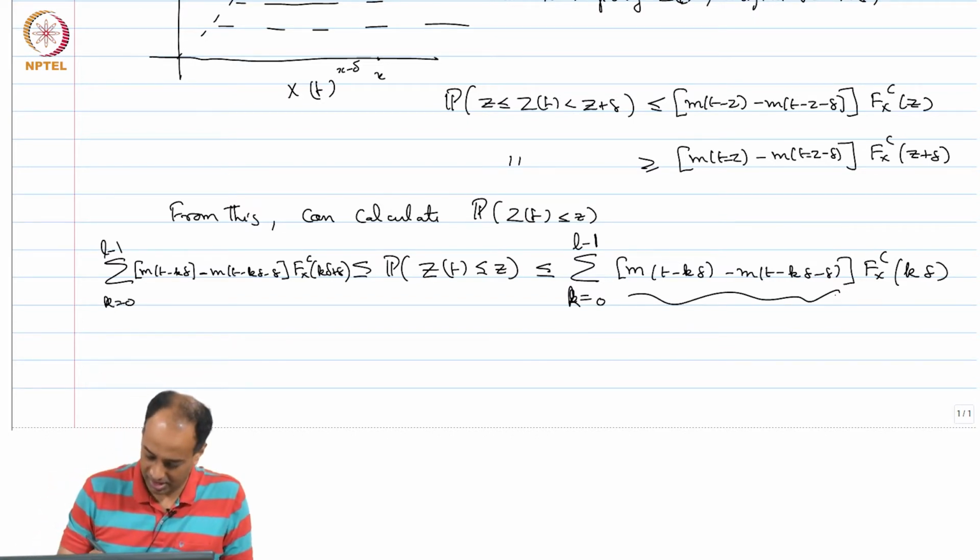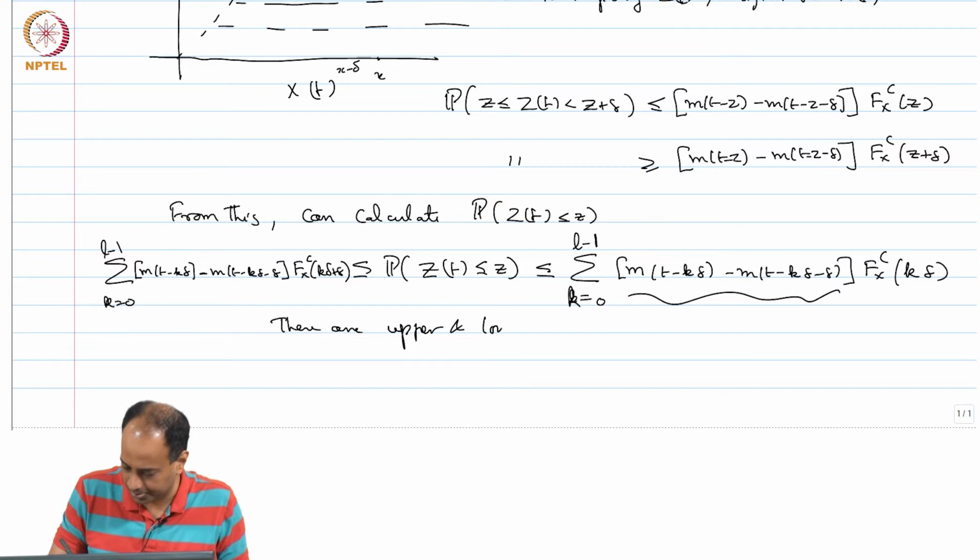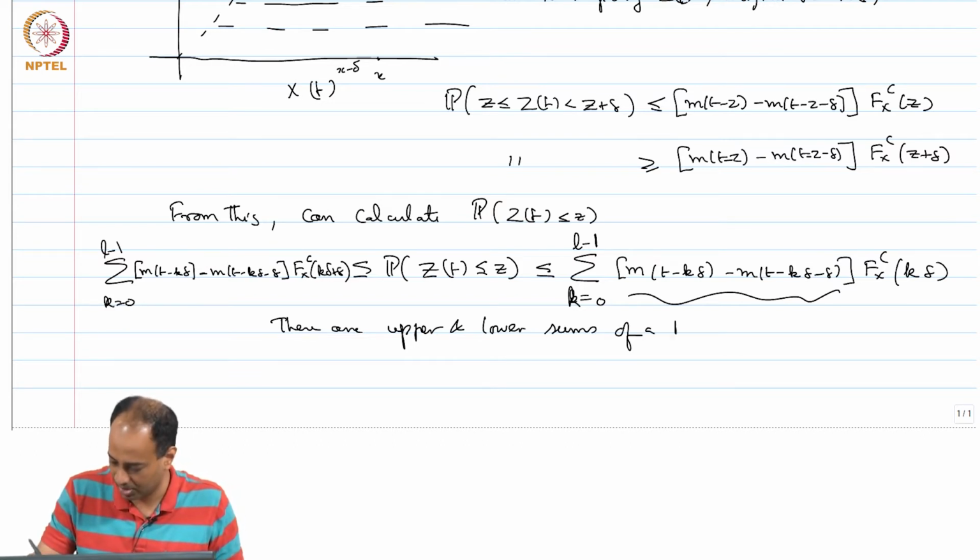So these are upper and lower sums of a Riemann-Stieltjes integral.